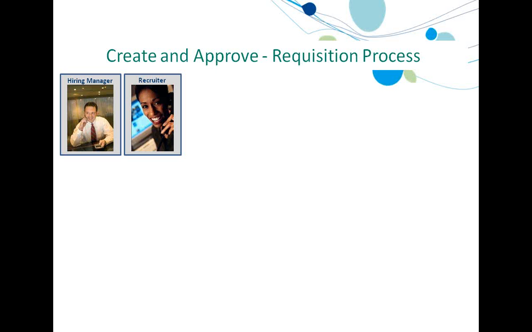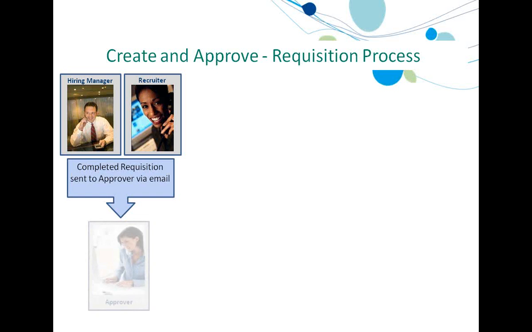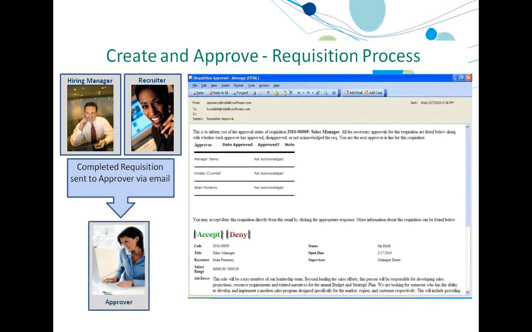Most organizations like it. So let's say we've created one as a recruiter, and we filled it all out, and now it is going to route to an approver via an email. So this is, you determine who this approver would be in your organization. And this is an example of the email that would come over, and it's what I like to term an actionable email.